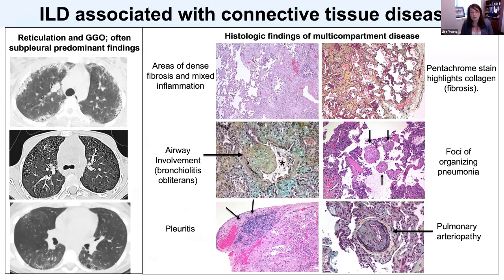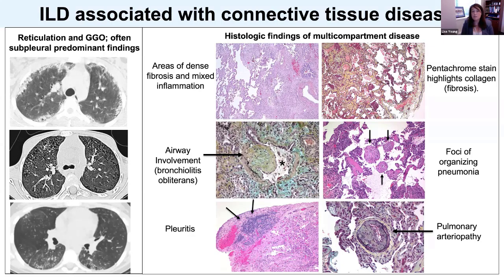I know that there was already a Fellows Track Symposium talk about connective tissue diseases and lung disease, so I've not included much here, but I do want to show some of the patterns that make you think about connective tissue disease. So if you didn't already know the patient had a rheumatologic disorder, if you see the subpleural findings with reticulation and ground glass, those are, especially in older children, suggestive.